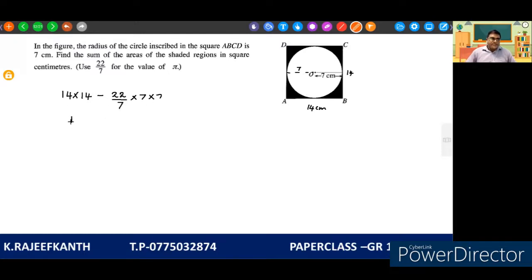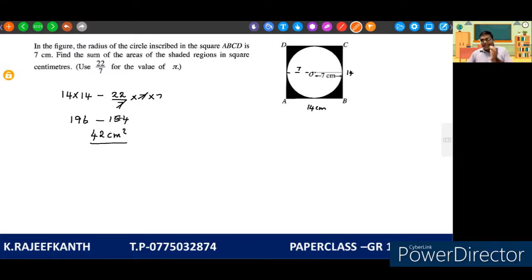Now 14 times 14 is equal to 196. Here we can cancel the 7s, then 22 times 7 is 154. Then 196 minus 154 is 42 centimeter square. Right?